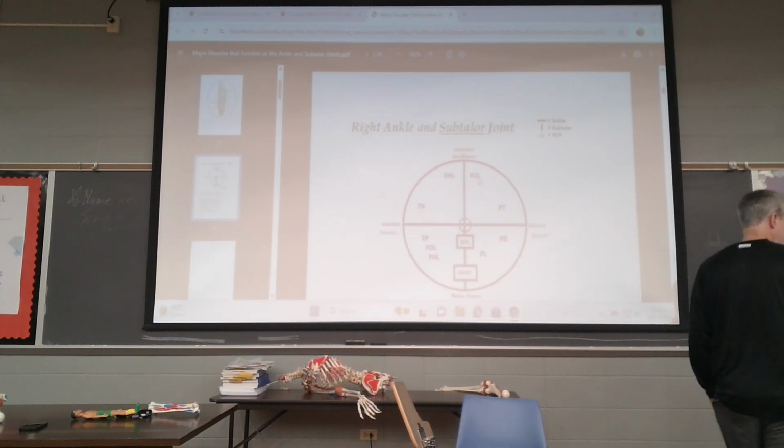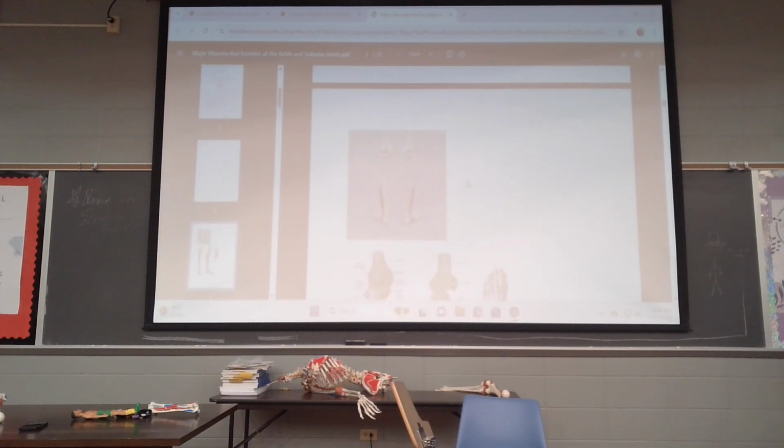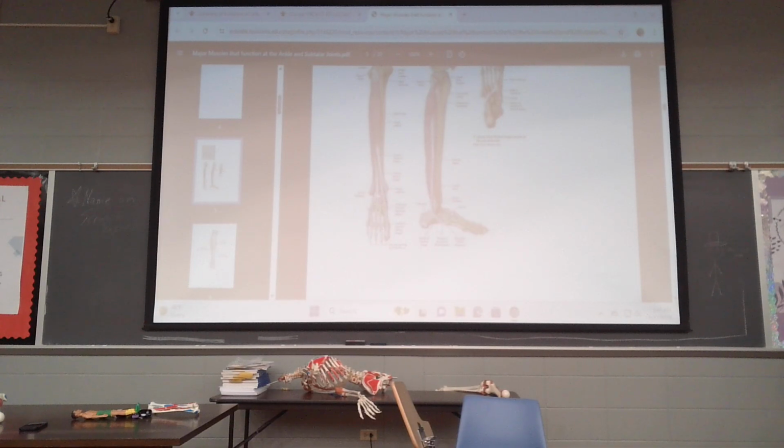We call that the extensor digitorum. So let's take a look at the extensor digitorum. Here's a picture of it right here. I'm going to show you several pictures. You see how that muscle comes down, and then from that one central tendon, it flares out into fifth, third, and second.